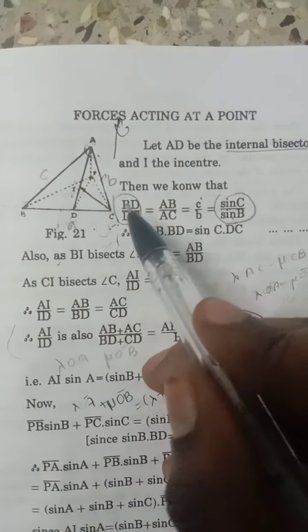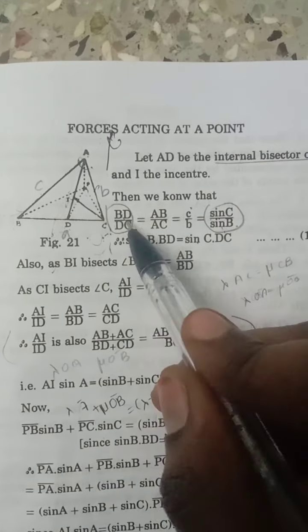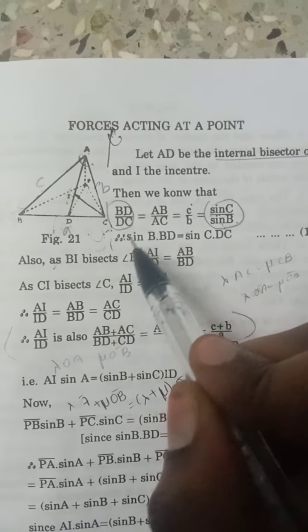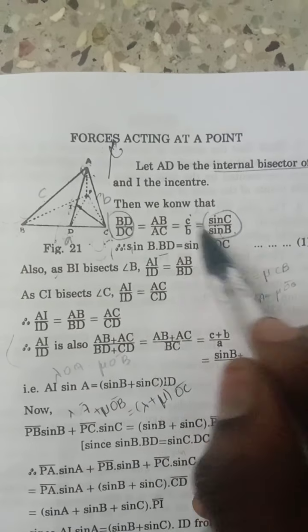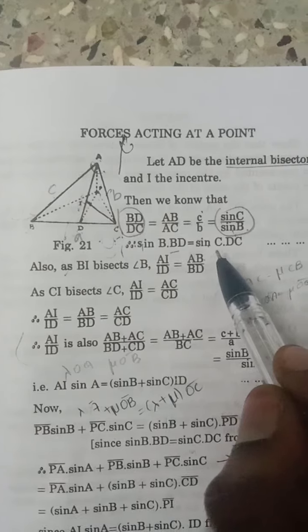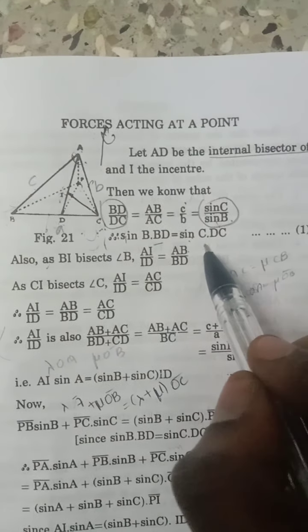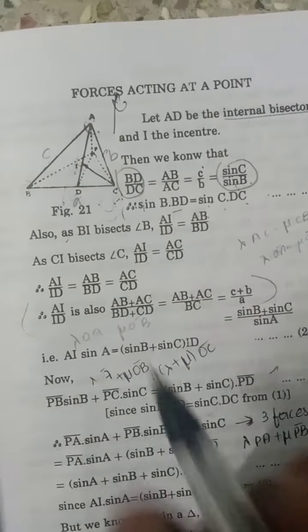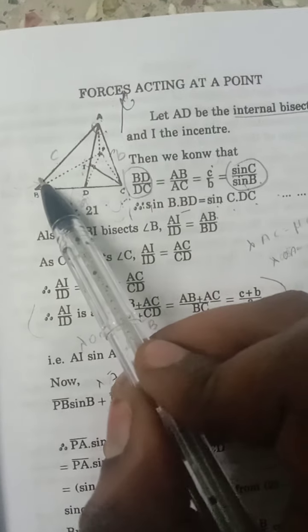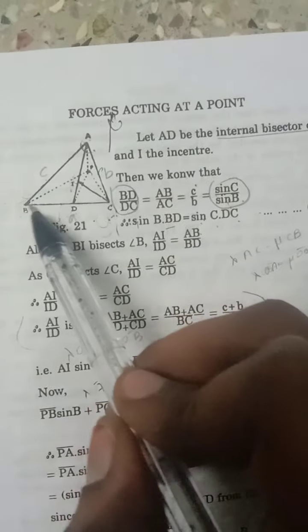Combining this term and this term, we get BD sin B equals sin C DC.